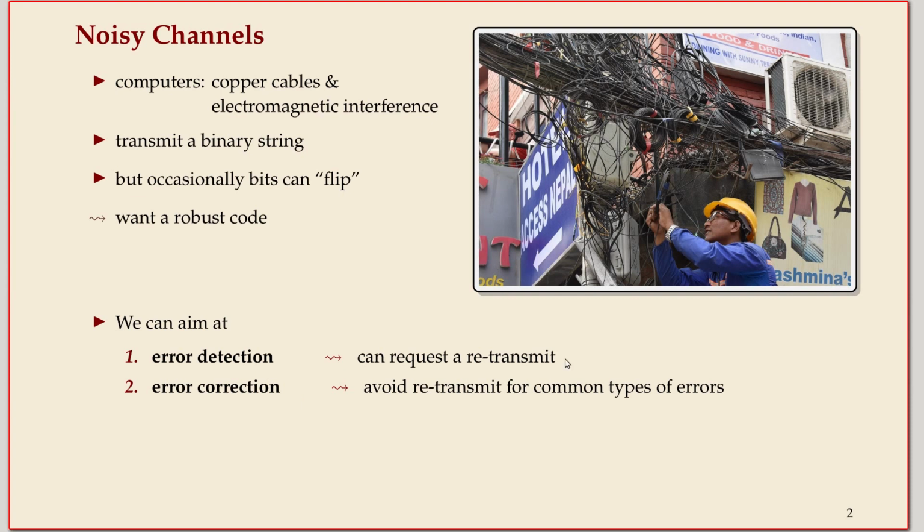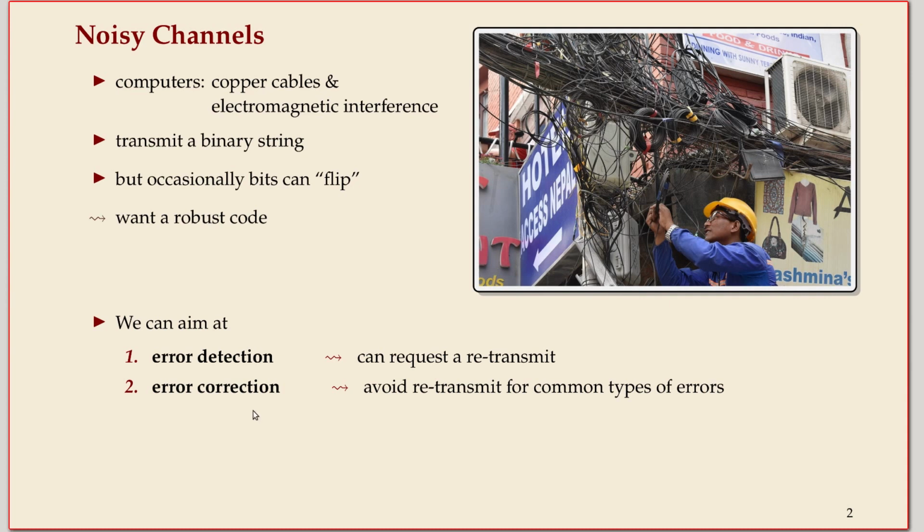So detecting errors is enough if retransmitting a message is cheap, in particular in an internet setup where you're talking about two computers that are connected. It's easy to have bidirectional communication, so it's easy for the receiver to tell the sender, hold on, I missed package number so-and-so, could you just send that again? In that case, we can go for error detection, which usually is cheaper.